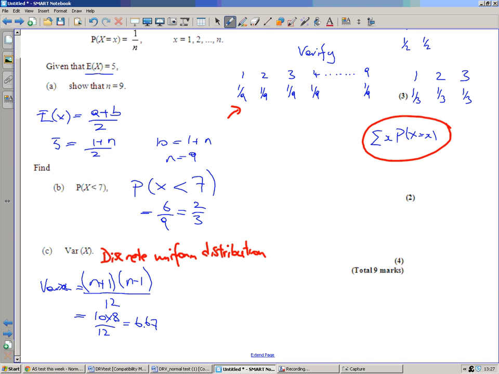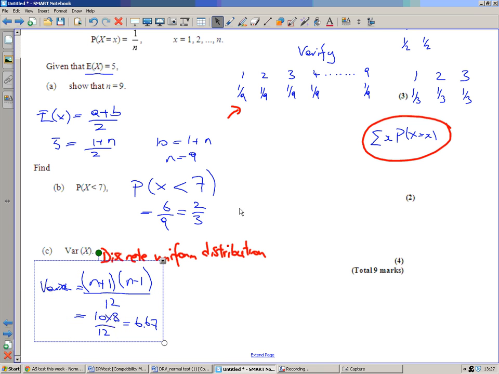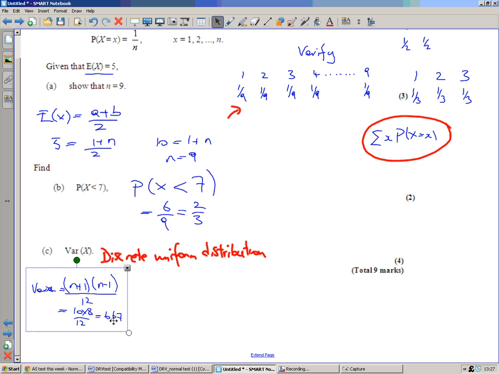But in the absence of that, and I think it's fair to say no one did that because they couldn't remember that formula, we're going to have to use our standard formula. The variance of X is equal to the sum of p times x squared, minus mu squared.